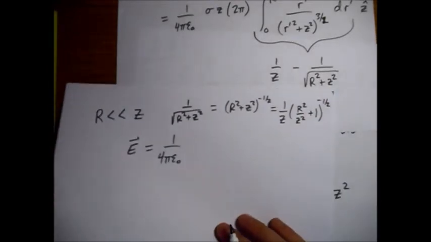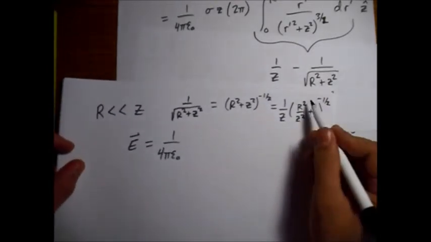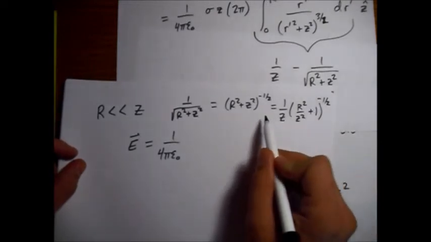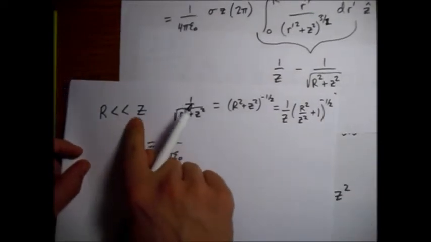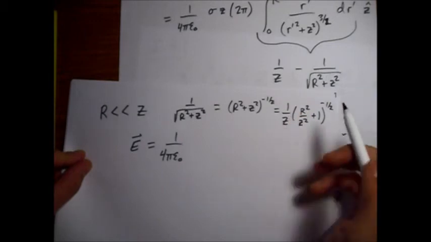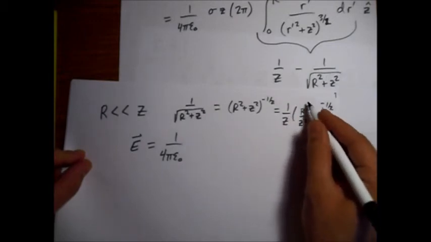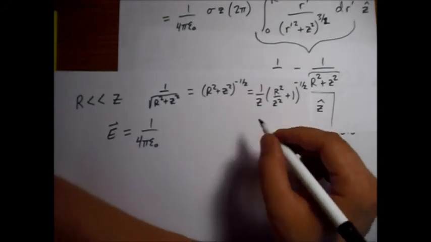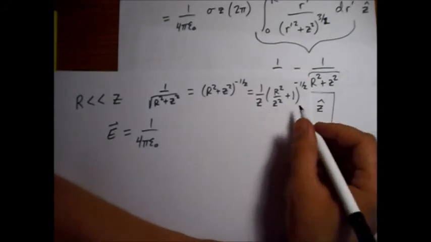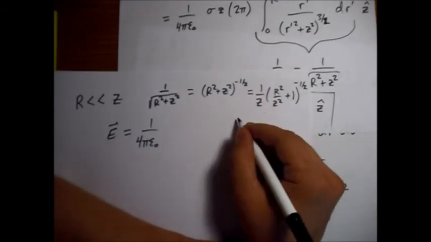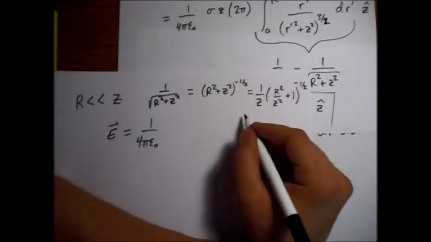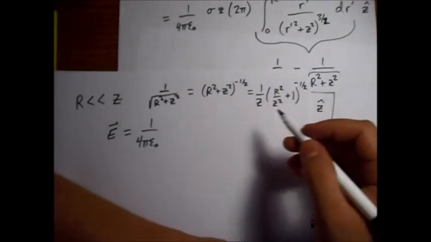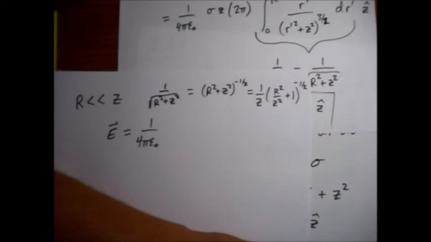Okay, so because z is much, much larger than r, this term right here is very, very small. And we can use our binomial expansion, where this square root of something small is just one plus 1/2 of that something.